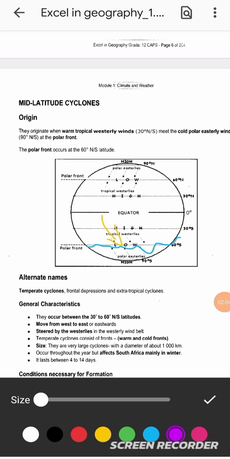So it occurs when warm tropical westerlies winds meet with the cold polar easterlies. This is where mid-latitude cyclone forms. Same applies in the northern hemisphere. Yeah, that's the origin of mid-latitude cyclone.